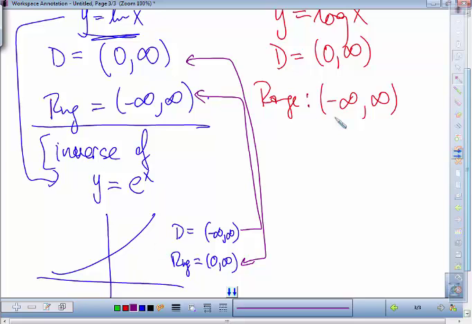And the same goes for the ln and the log function, base 10. So when you're dealing with inverses, the domain and range are essentially switched. Okay?